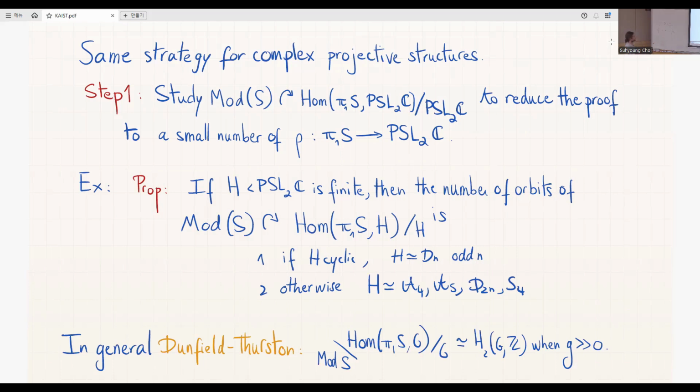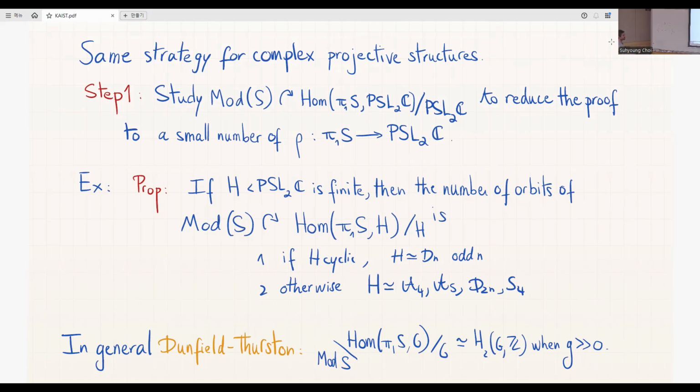And this was surprisingly not that easy to prove. It was combinatorial, so I had some efforts. We have a general theorem of Dunfield and Thurston that tells us that the space of orbits under the action of the mapping class group of representations into a finite group is in bijection with the second homology group of your finite group.